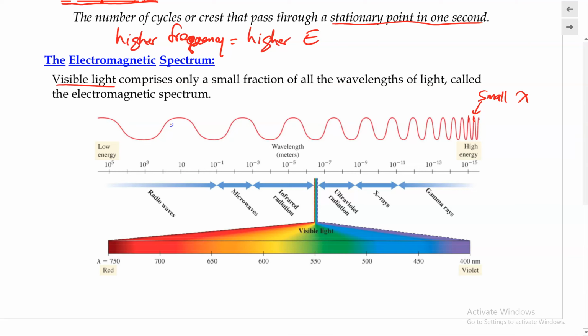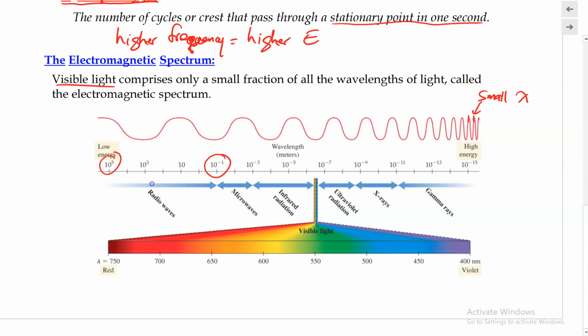The electromagnetic spectrum can be broken down as follows. First, we have radio waves. Radio waves have very low energy, and their wavelength can vary anywhere between 10 to the 5th meter to about 10 to the -1 meter. These are really big waves with very long wavelength.